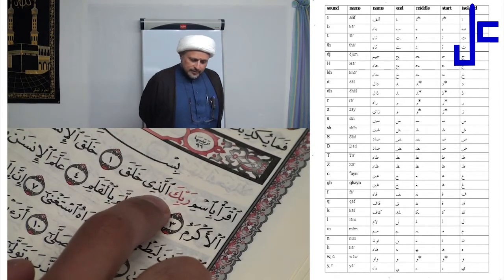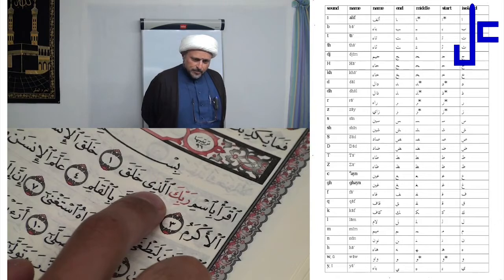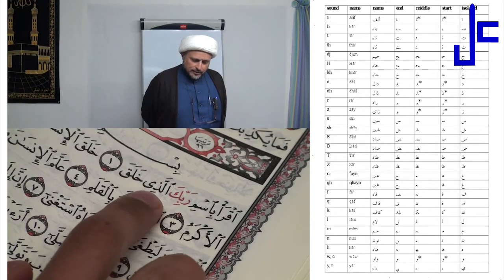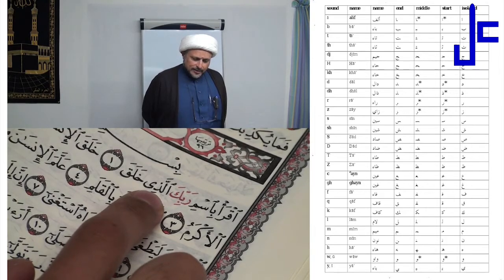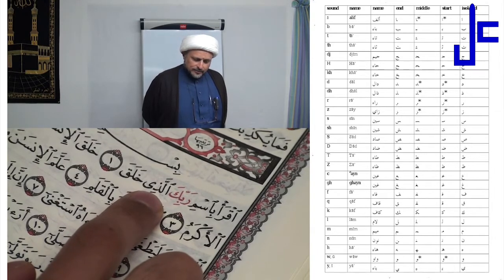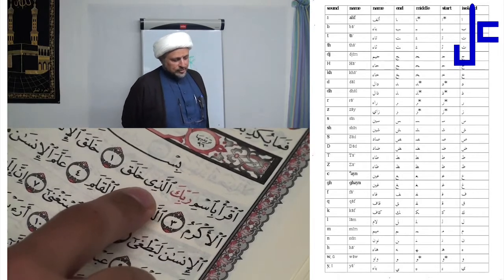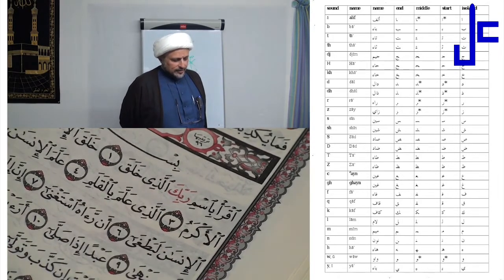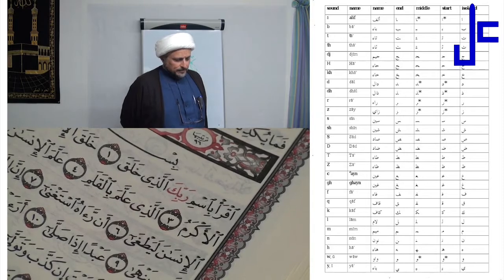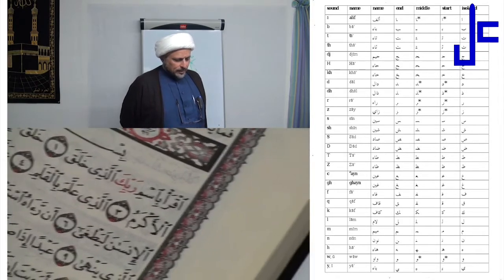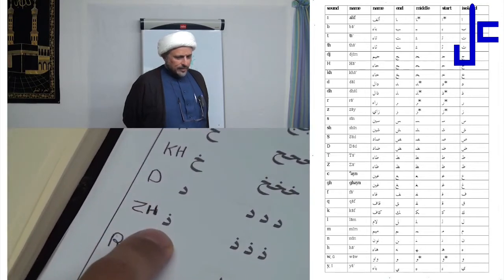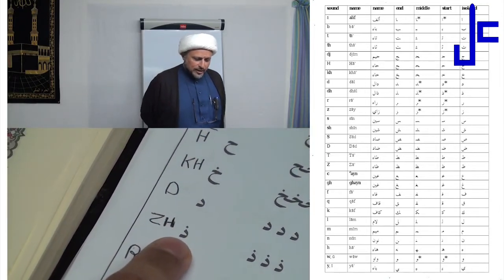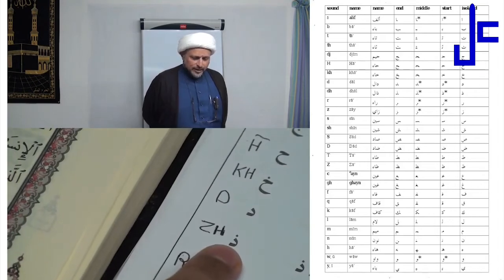It's a double. La. Yes, Allah. La. Za. Not za. Look at the faucet. Yes, the one with the tongue out. Dal. Dal, yeah.